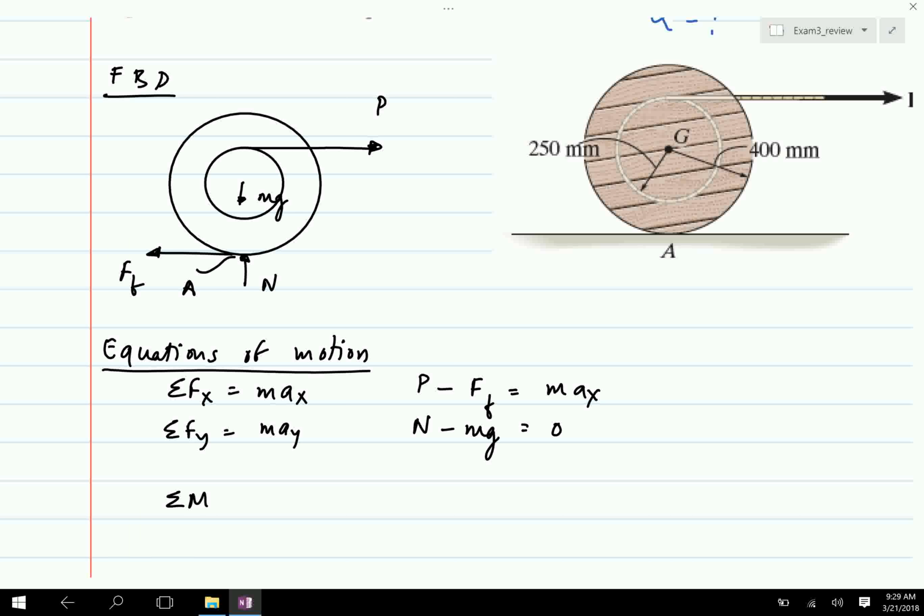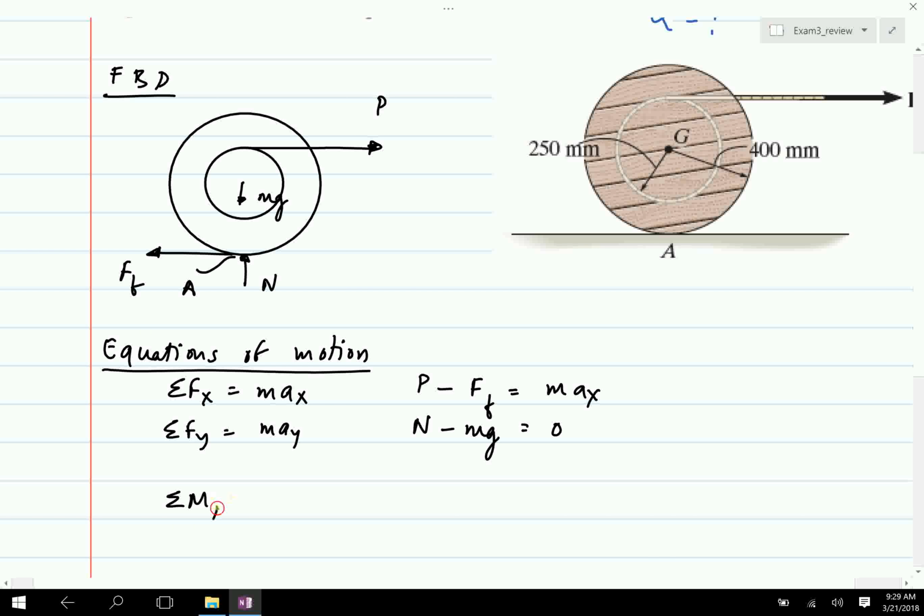If you take moments about point A, then N, Ff, and mg all pass through A, so those would have 0 contribution. If you take it about G, you'll have two forces appearing in the equation, P and Ff. If you take the moment about A, only one force will appear, P. So I would just choose A.